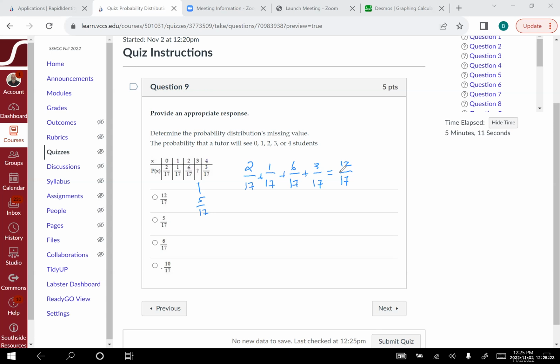You need 5. Yeah, so you see how she got that? If we had another 5 over 17 in that empty spot, then it would all sum to 17 over 17, which is equal to 1.